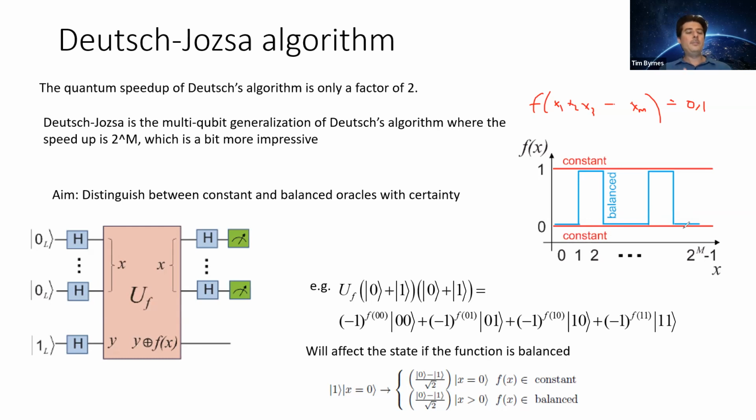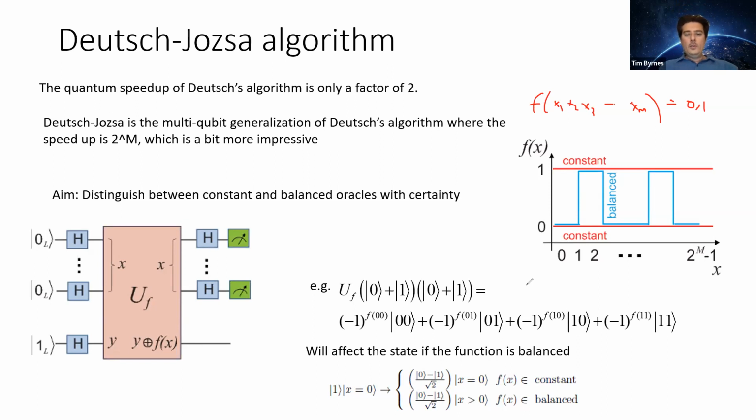So the only way you could be 100% sure that it's balanced or constant is by doing this at least 2 to the m divided by 2, maybe plus 1, different cases. And if you did it for that many cases and it was constant, all giving the same values, then you could be sure that it's definitely constant. But otherwise, you can't be sure whether it's balanced or constant because you need to evaluate all of these. Again, it's a bit of an artificial problem, but that's the nature of it.